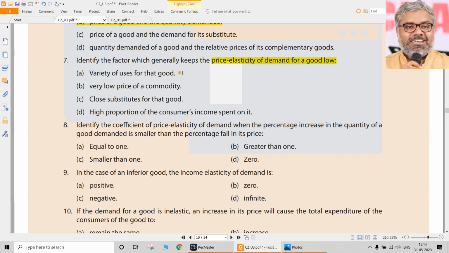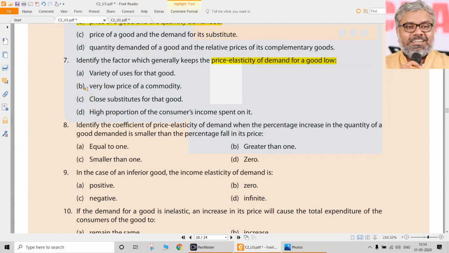That means that variety of uses will motivate the people to buy more of that if the price has become less. It will demotivate them to buy more of that if the price of the commodity becomes more. So naturally, such commodities where the same commodity can be used for multiple purposes will be high, not low. So definitely this is not a correct option.